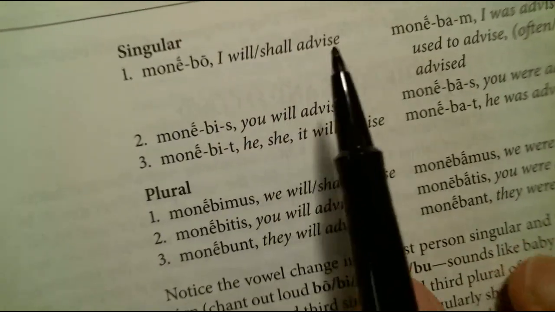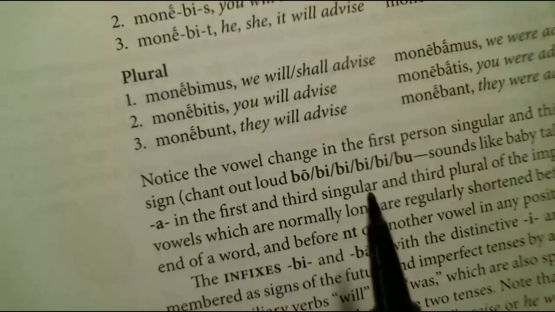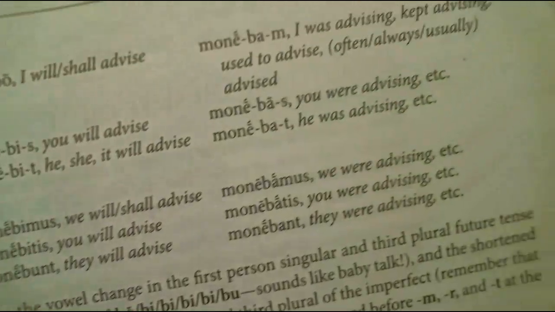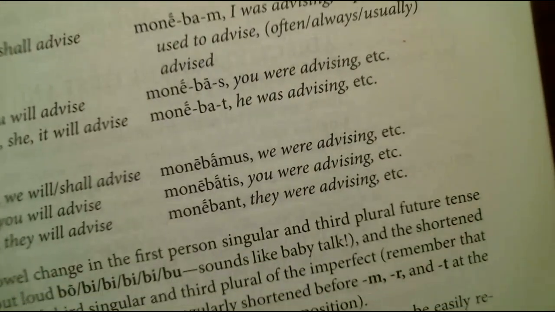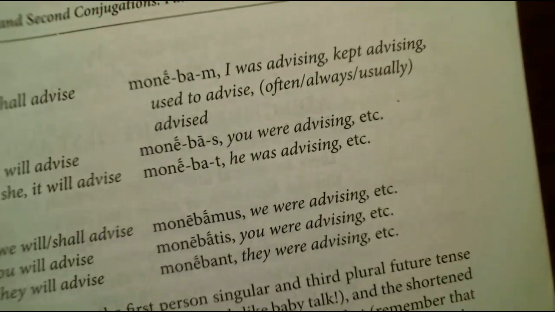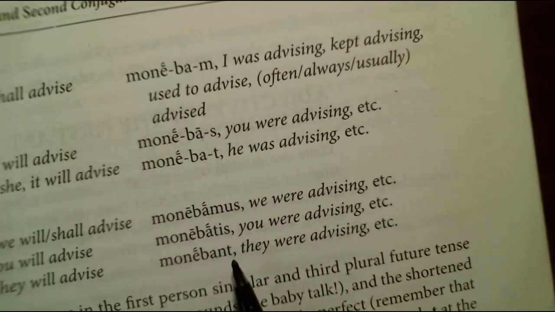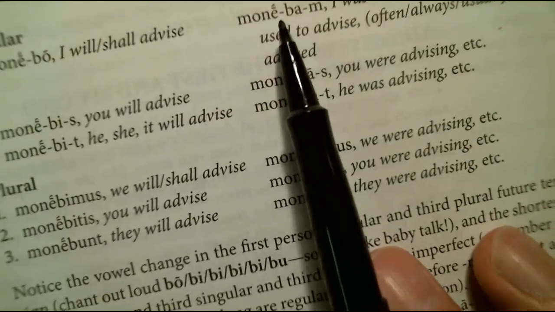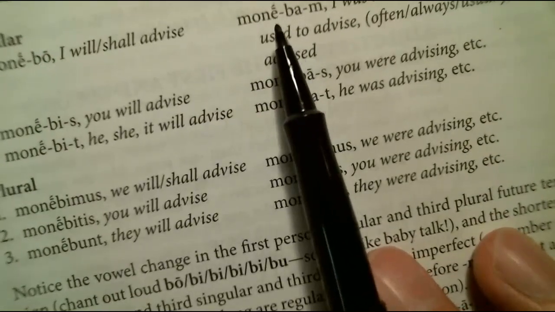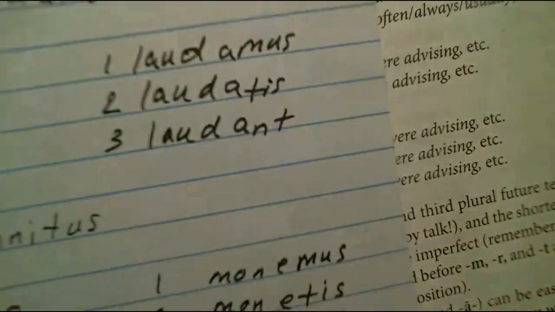So I shall advise, or warn. Okay? And onward. Pretty basic stuff. All right, now let's do the imperfect. Again, exactly the same as the first conjugation. Bam, bas, bat, bamus, batis, bant. Except you have the theme vowel long e. Okay? So make sure you're looking at this visually so you're not confusing your vowels between Latin and English.